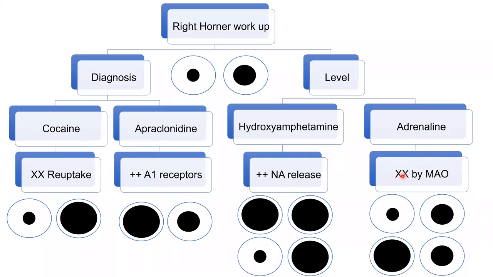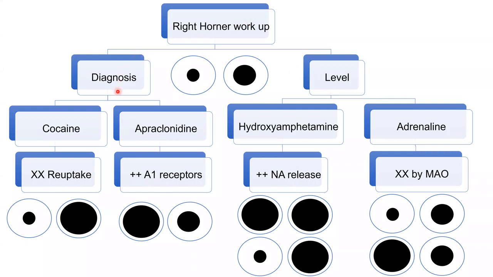So once there is no monoamine oxidase to inhibit it, because it is not secreted from the postganglionic, this will result in upregulation of the receptors, increasing the sensitivity to adrenaline, so it will dilate with the adrenaline. So eventually, the diluted adrenaline will not dilate the preganglionic, but it will dilate the postganglionic.